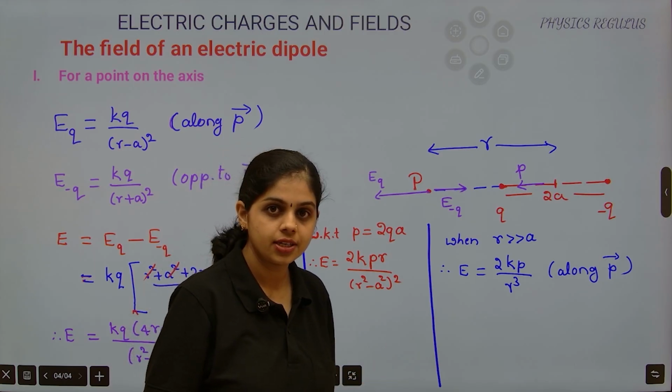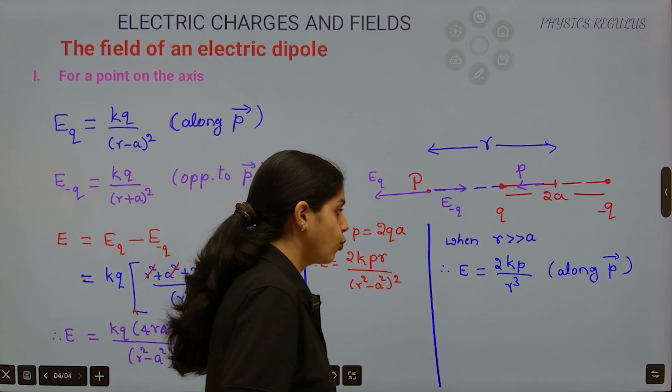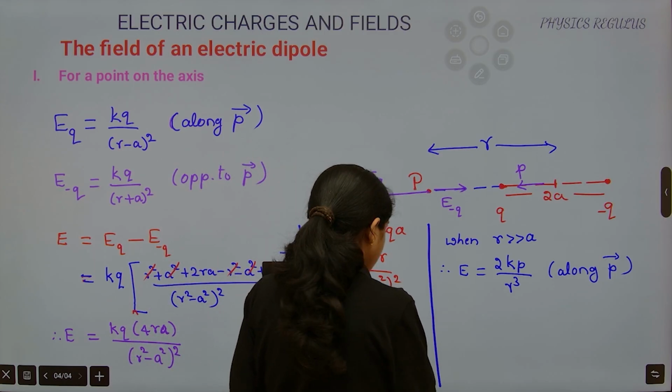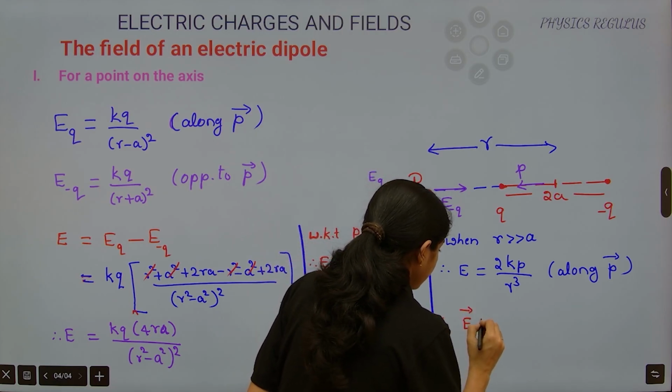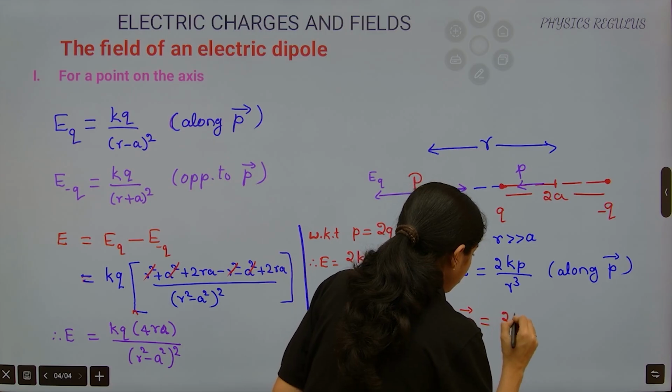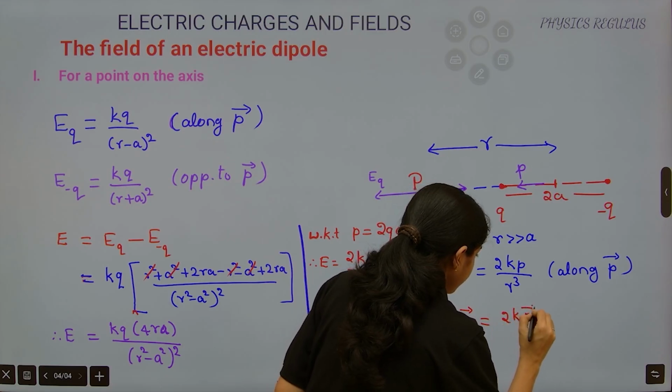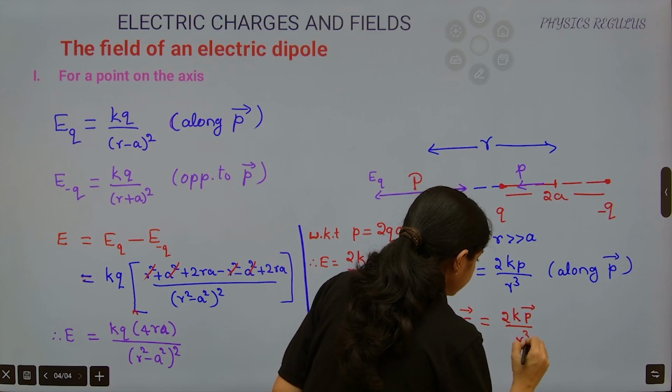Finally, we can write the electric field in vector form. That is, vector E is given by 2k vector P by r cube.